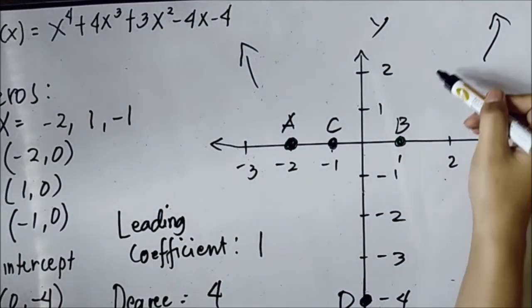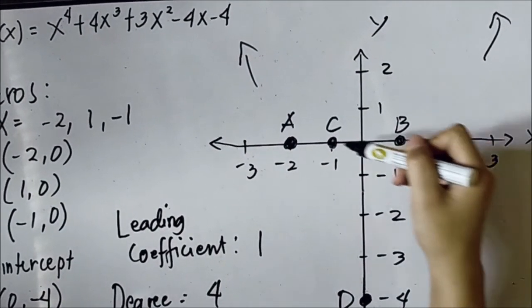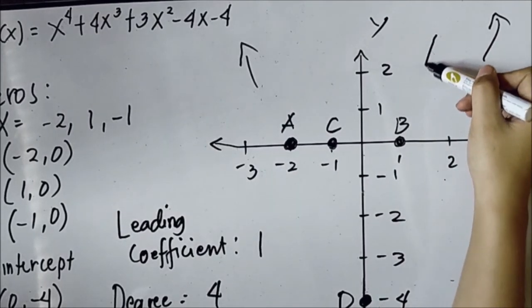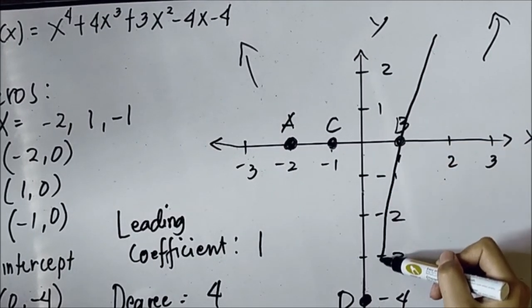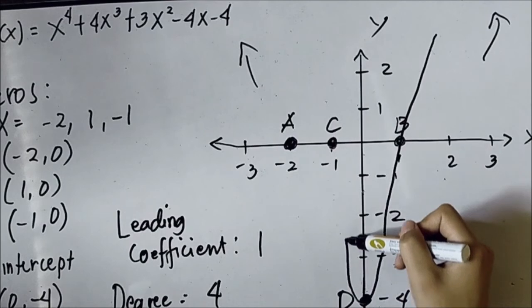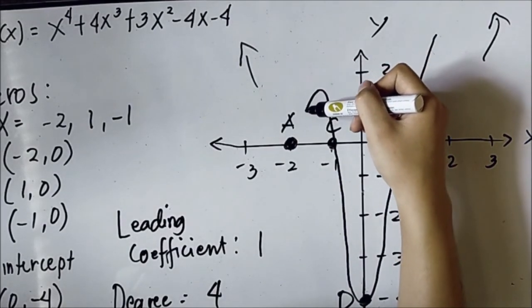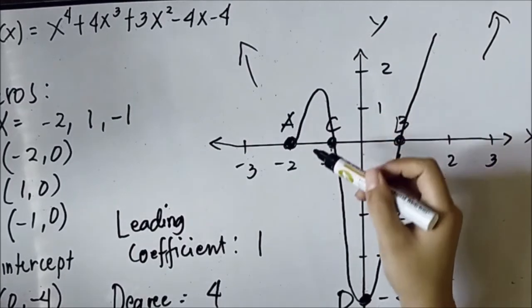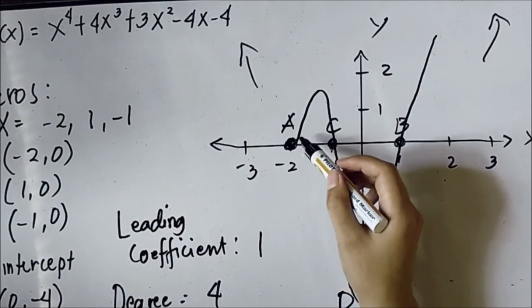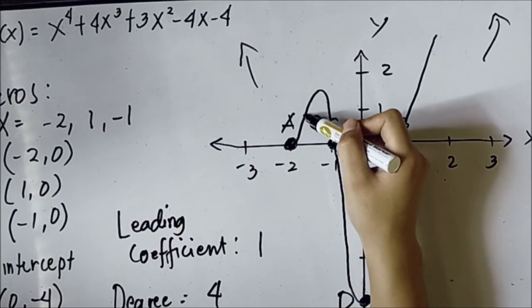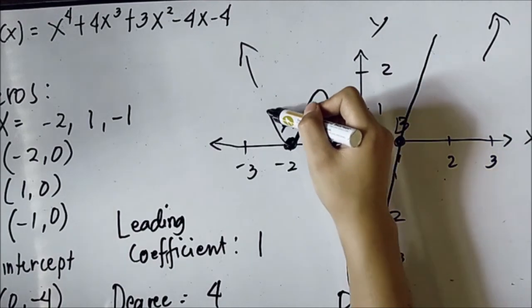So we connect now this graph. We have this, and it will smoothly curve here, going up and then going down again. So since 2 is a multiplicity, meaning to say naulit siya, we will bounce back here and go up.